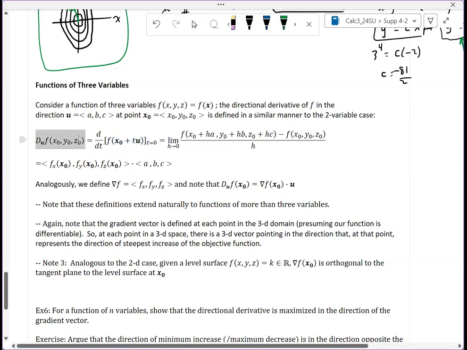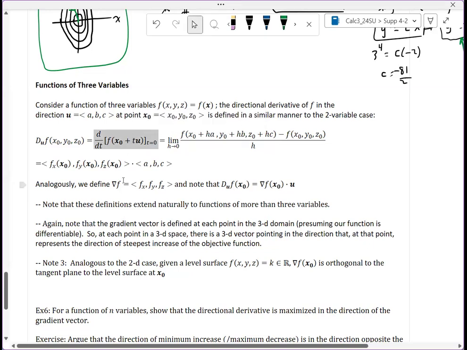So we define the directional derivative in the direction u of f at point x0, y0, z0, which we'll also define, or we'll see, is equal to d by dt of f of vector x0 plus t vector u at t equals 0.